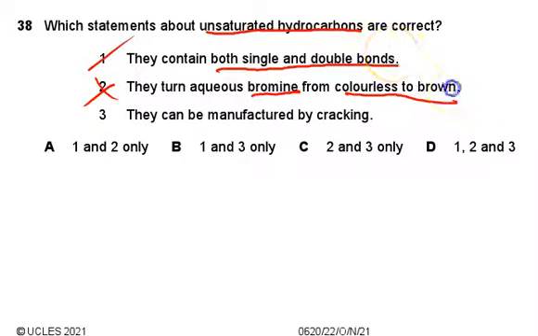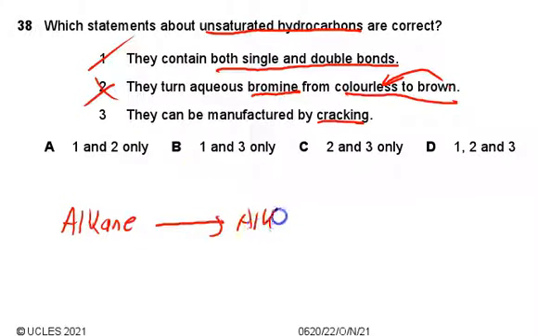They change the brown to colorless. They can be manufactured by cracking. Yes. So if the cracking is of alkane, which is the bigger molecule, then we will have a smaller alkane and alkene. So this is the cracking process. So your answer here will be 1 and 3. B.